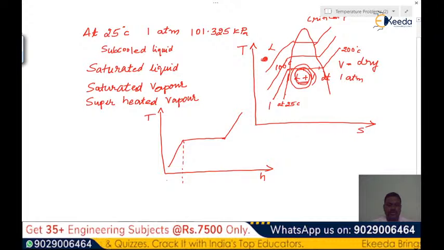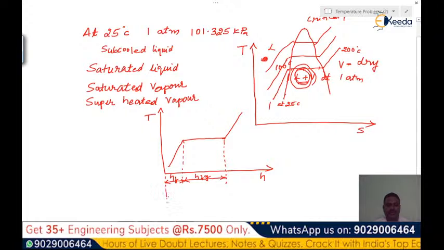From its initial to its saturated liquid point, it is called HF. During this phase change, the increase in enthalpy is denoted by HFG.